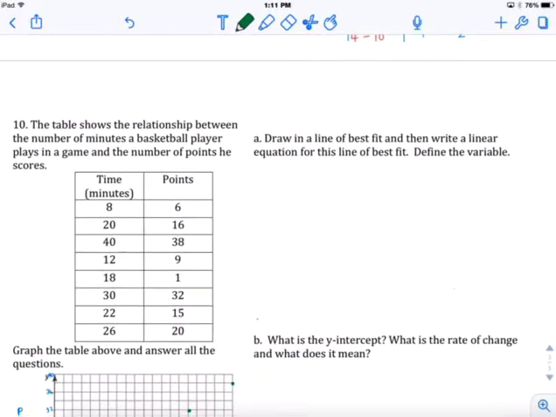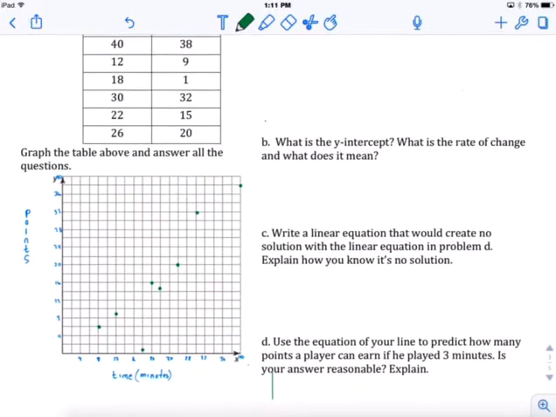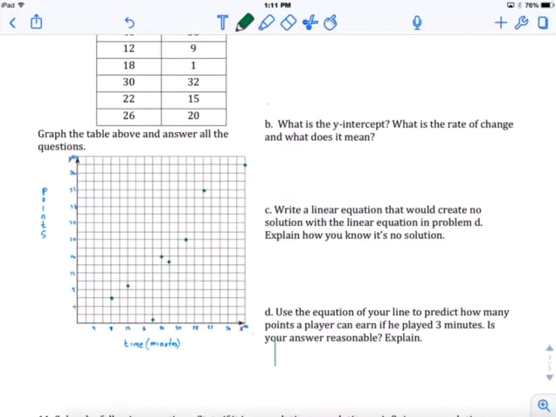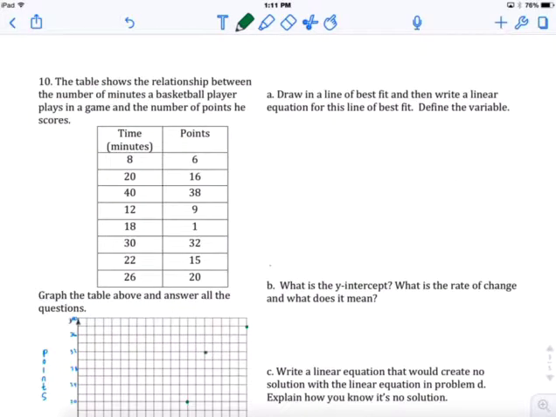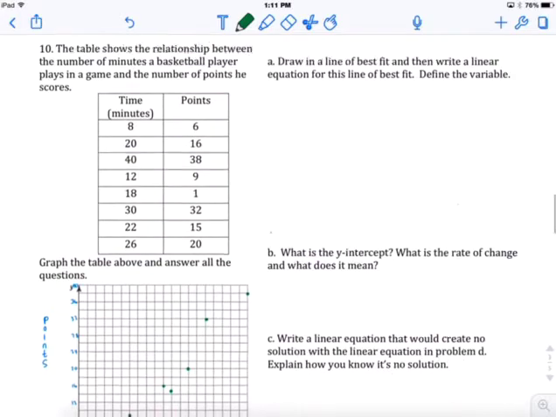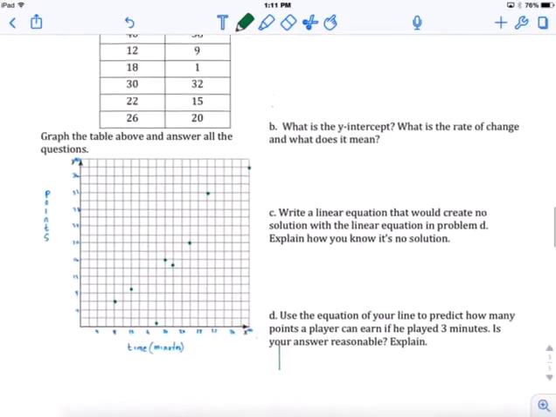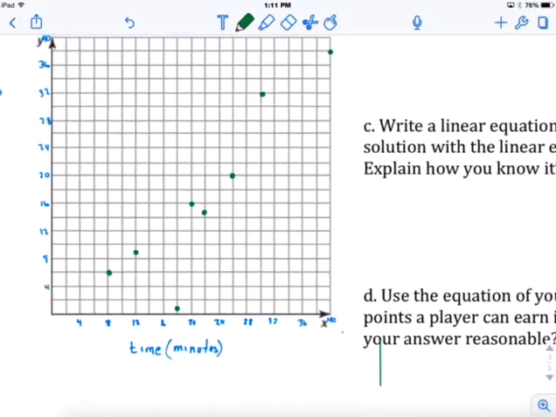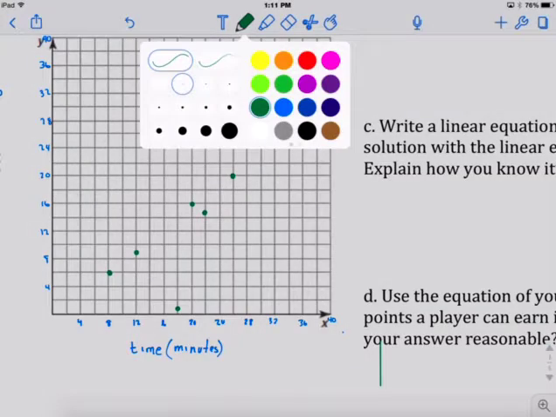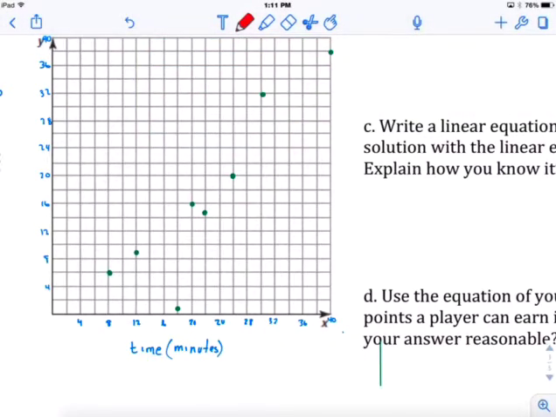Okay. And this here I already graphed in the table ahead of time to save us time. Draw a line of best fit, then write an equation of this line, okay? Draw the line of best fit. Here's the outlier.